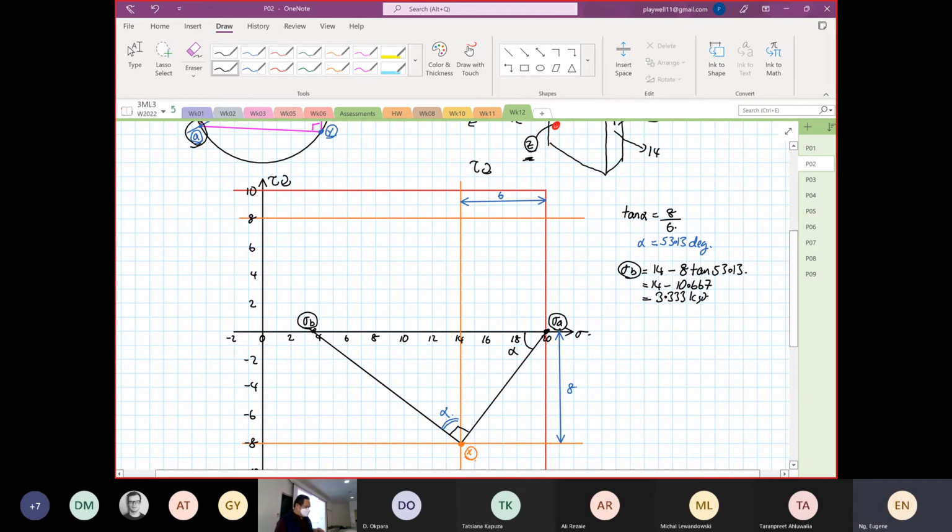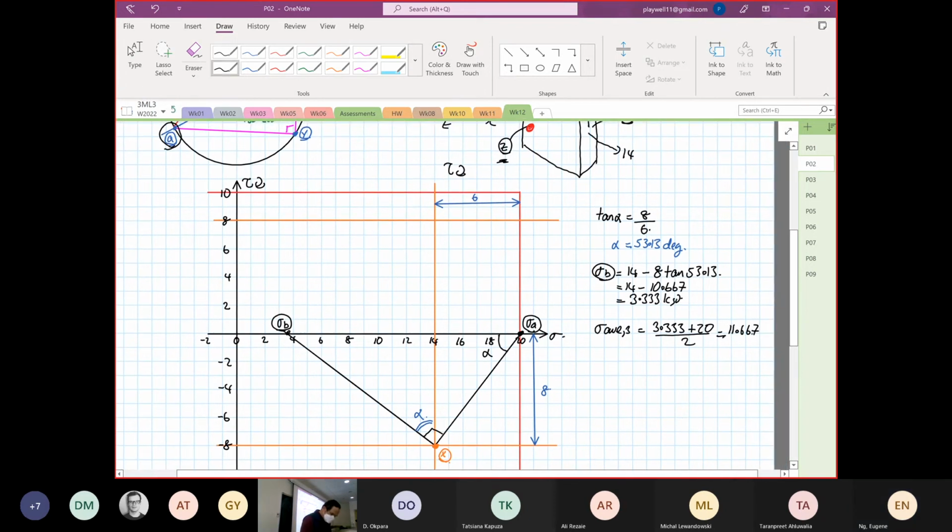So now we can calculate our stress average. Our stress average is equal to 3.333 plus 20, divided by 2. So 3.333 plus 20 divided by 2 is equal to 11.667 KSI. Okay.